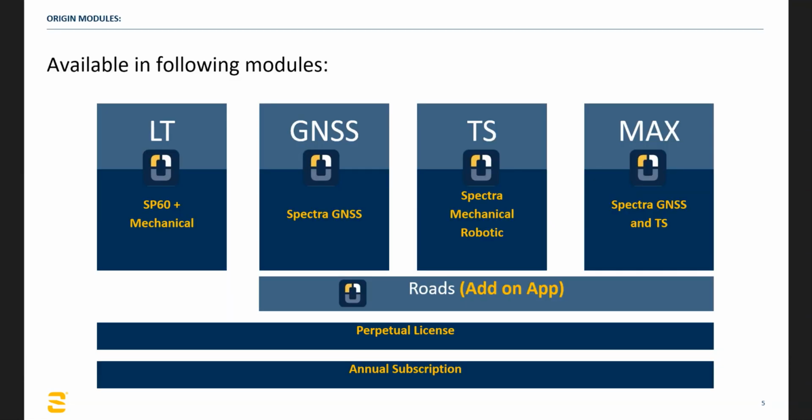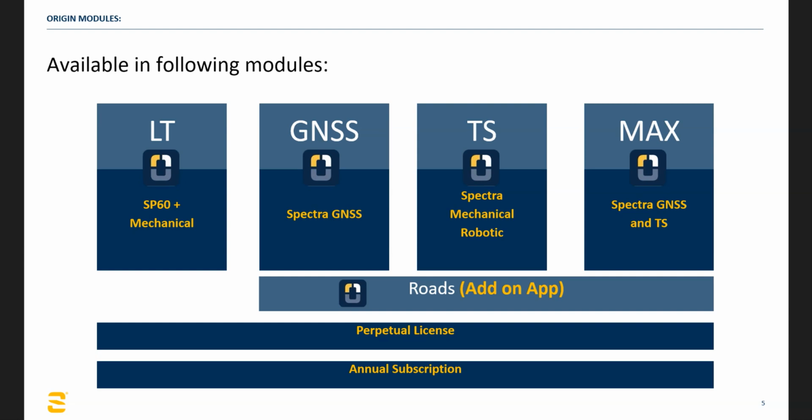Modules. So we can start with Origin LT, and that's the intro starting point for our portfolio. It supports the SP60 and mechanical total stations. Then we have Spectra Origin GNSS, Origin Total Station, and Origin Max.